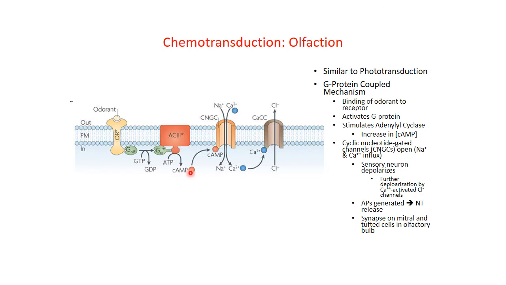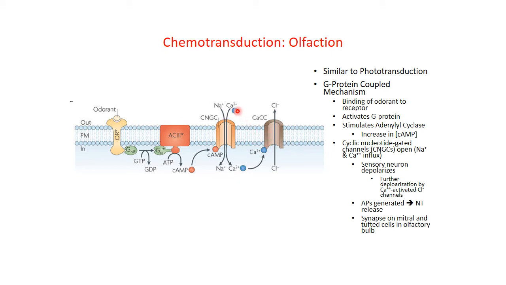Cyclic AMP then can bind to cyclic nucleotide-gated channels, and the binding of the cyclic AMP to these channels will open this cation selective pore and will allow the influx of both sodium and calcium. An interesting fact here is that these cells also express chloride channels that are calcium sensitive.